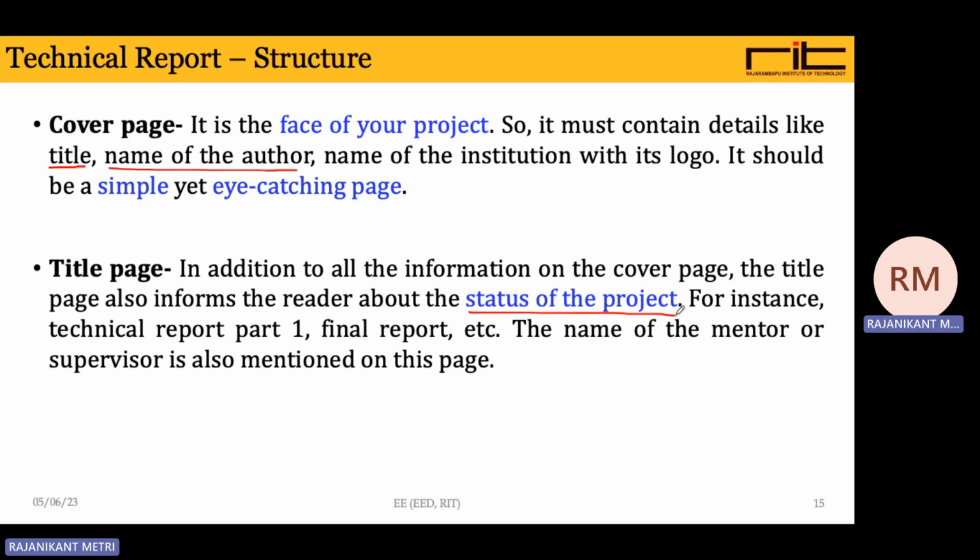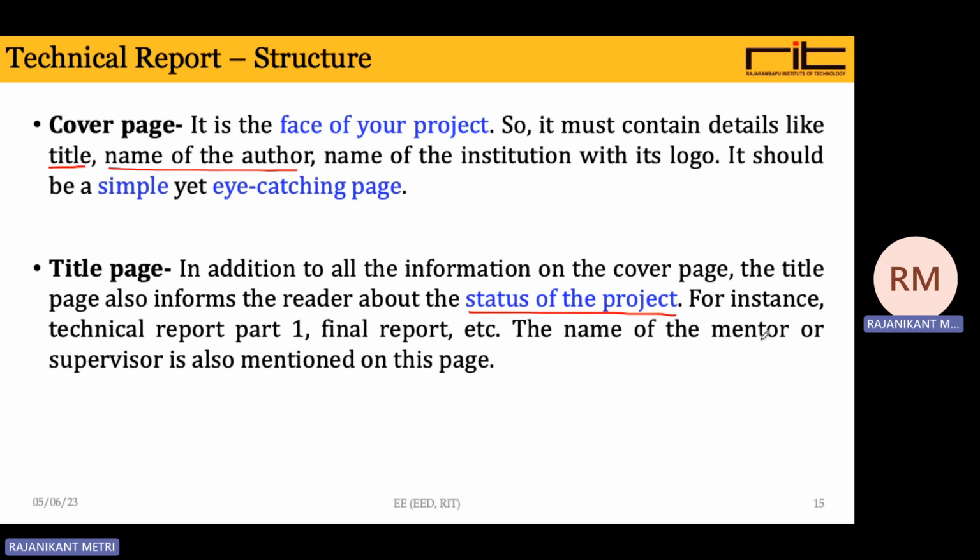For instance, technical report part 1, final report, and so on. There may be one report divided into two parts, so you can give a name like part 1, or if the report is final, you can call it a final report. That should be on the title page.